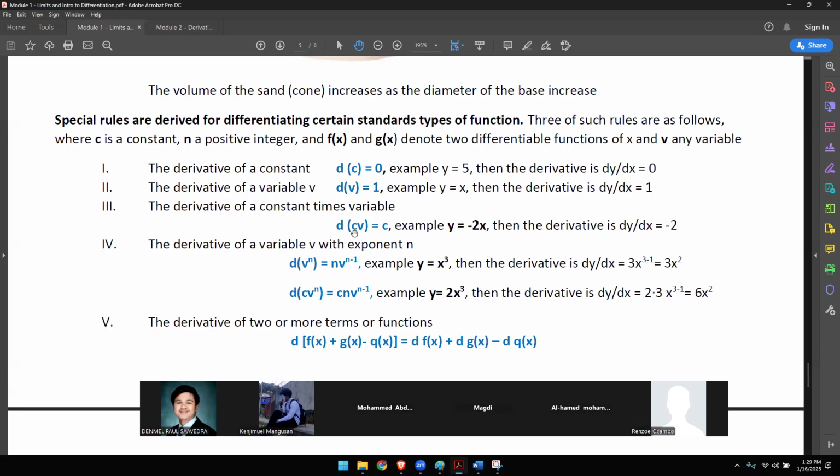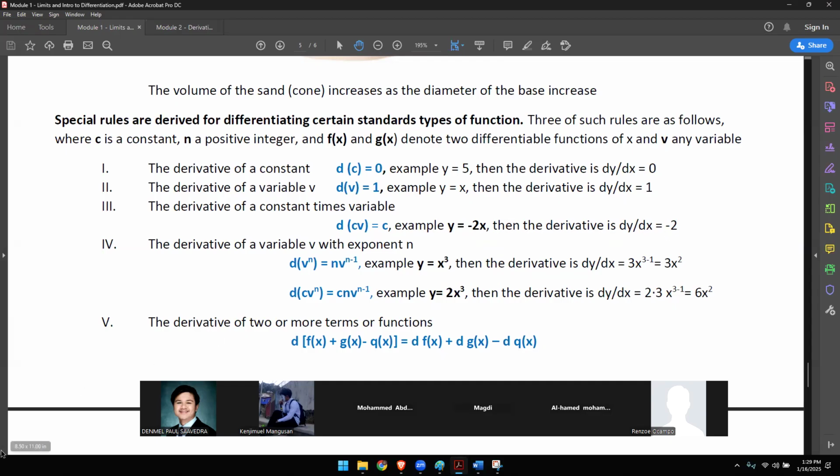Now, if it's a combination of a constant and a variable, so it's constant times variable, like for example, negative 2x. We have the constant negative 2 and then the variable x. If we derive this one, this will give us negative 2.